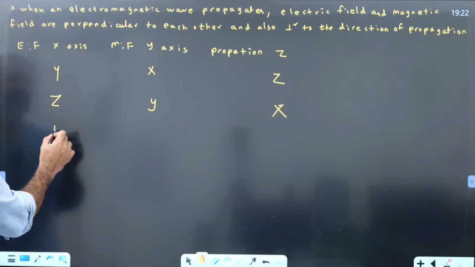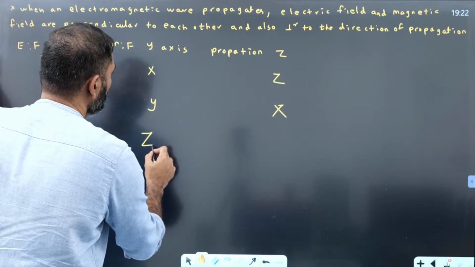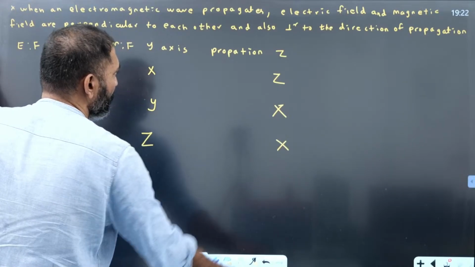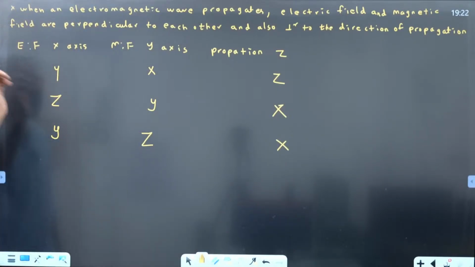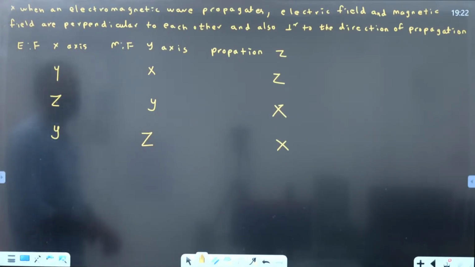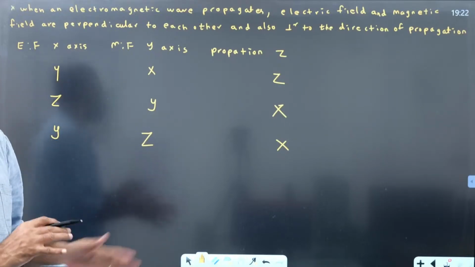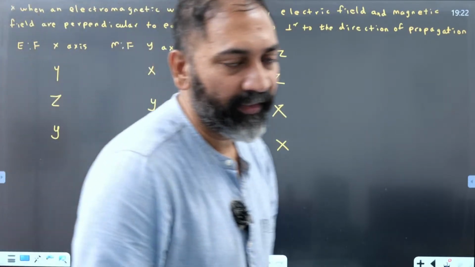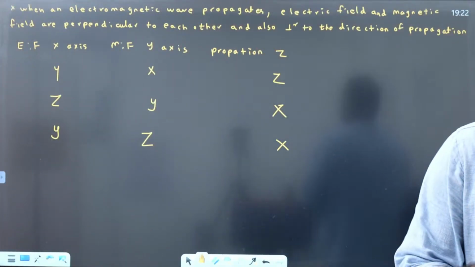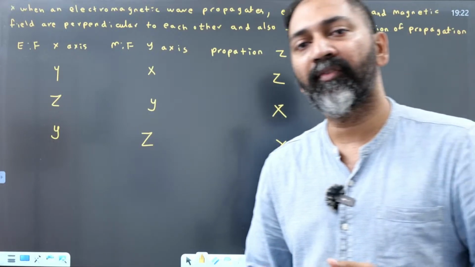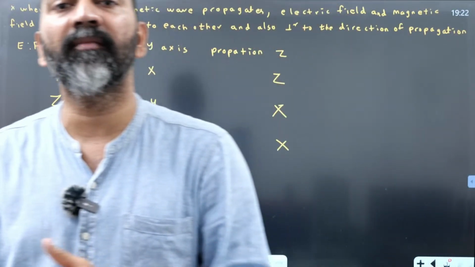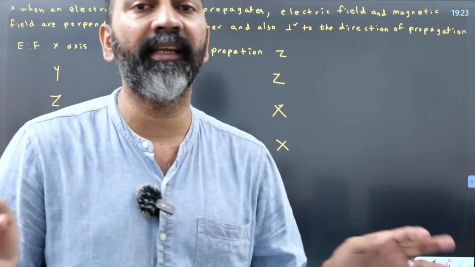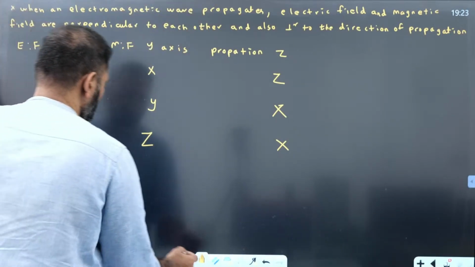Now, if electric field is along y-axis and magnetic field is along z-axis, then propagation will be along x-axis. They are mutually perpendicular. See, electric field and magnetic field won't come in the same direction, or electric field and direction of propagation won't come in the same direction. They are mutually perpendicular.